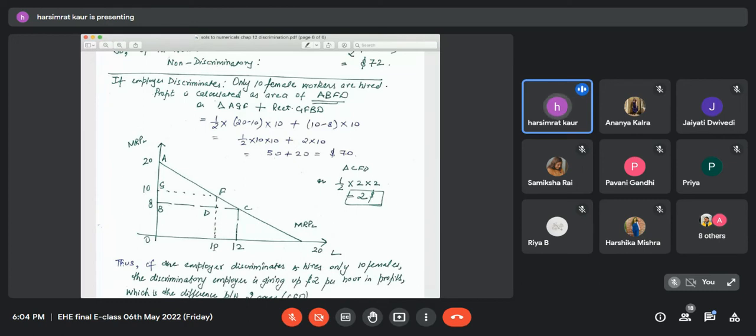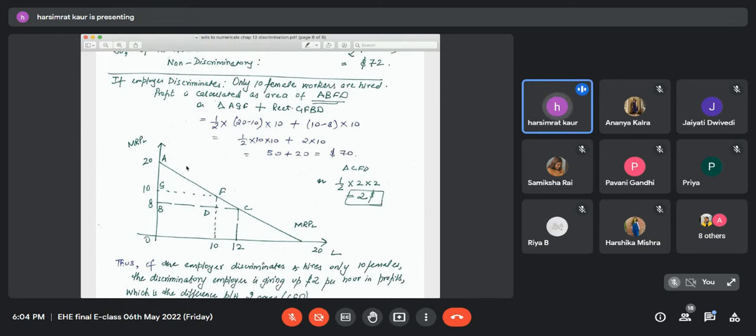Now we have to figure out the profit that he will be earning. For this discriminatory employer, the profit area is the area below the MRPL and above the wage rate, because it is a demand curve.